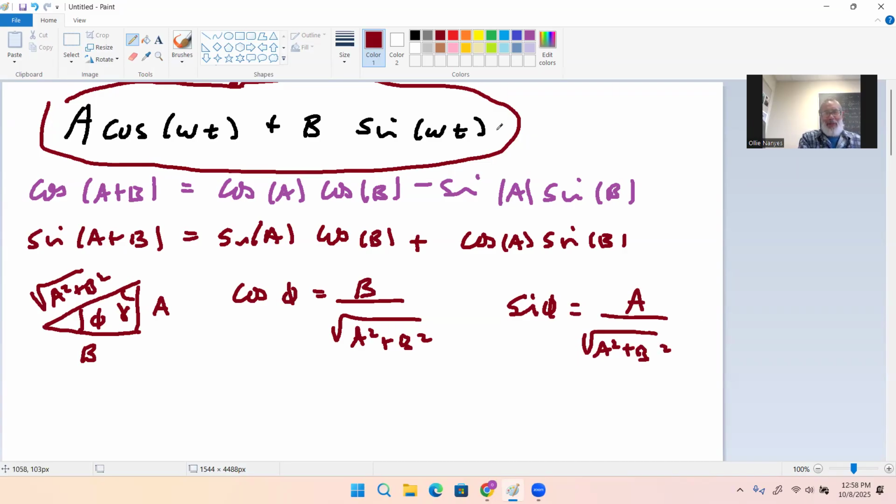Now, you might be asking, what does that have to do with this? Well, let's try to put everything in terms of a cosine. So let's take this expression and divide both terms by what I call the hypotenuse term.